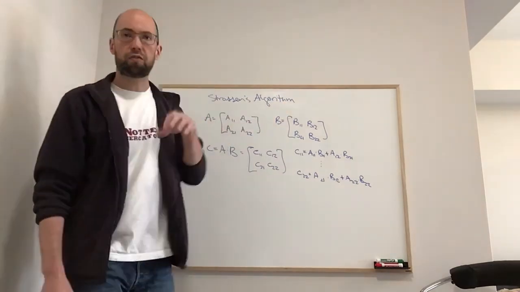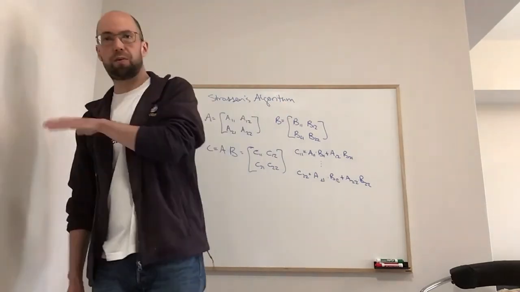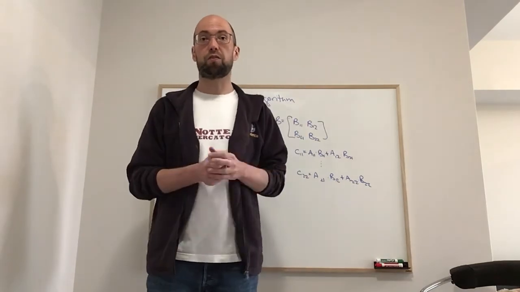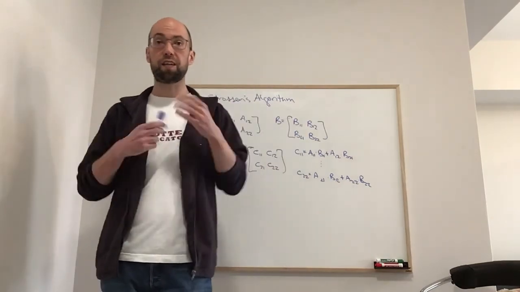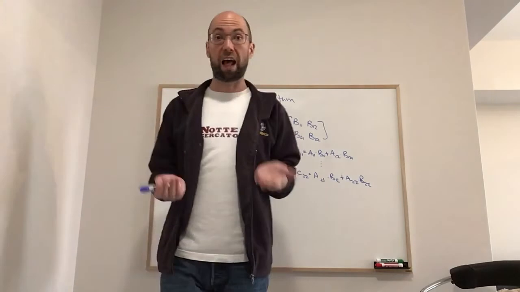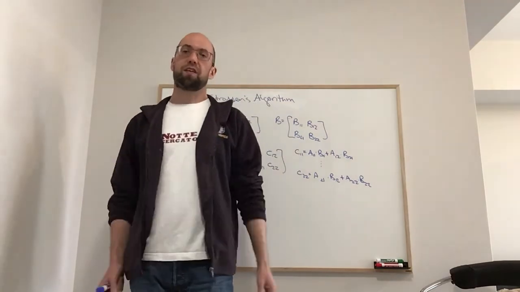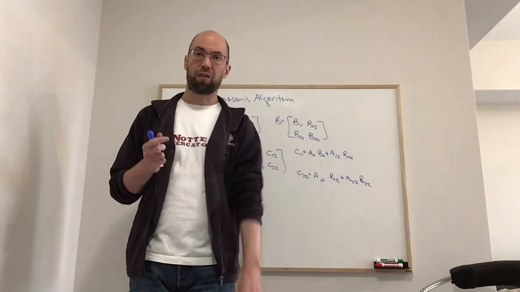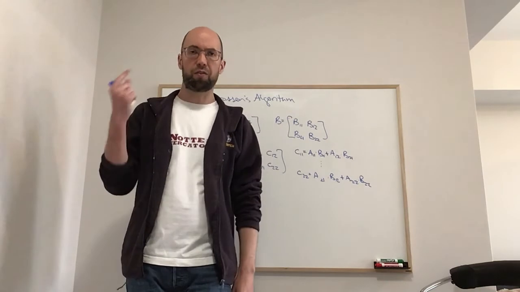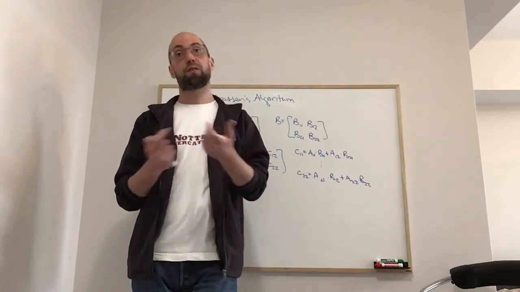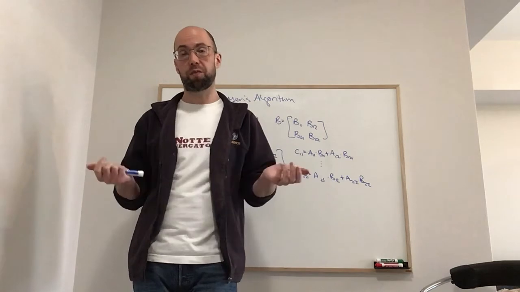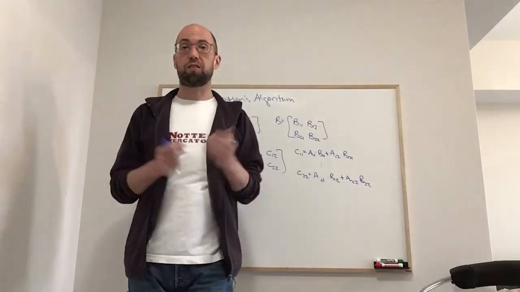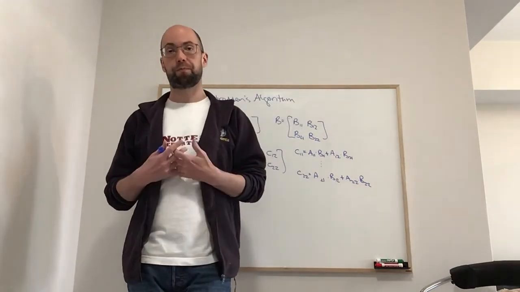To get entry ij, you take the ith row of the first one and the jth column of the second one, and you do a dot product of those two vectors. These two vectors are of length n, assuming that the numbers are small enough that you can do the multiplications in constant time, for example on a computer where the numbers fit in a machine word. Multiplying these two vectors takes order n time.